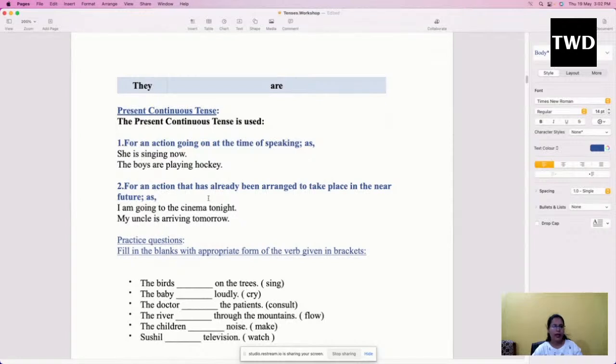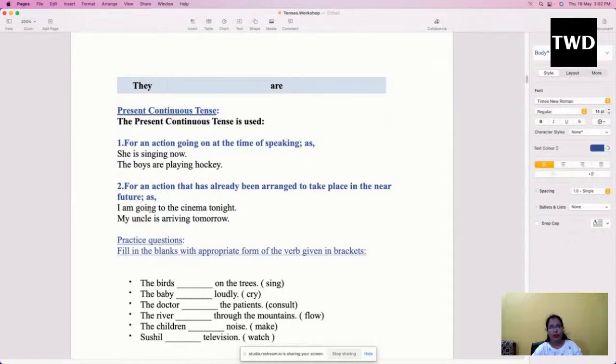Then, it is also used for an action that has already been arranged to take place in the near future. Okay, so something which you have already planned. Remember, already planned actions will come under present continuous tense. That is, I am going to the cinema tonight. That means you have already planned for the cinema.